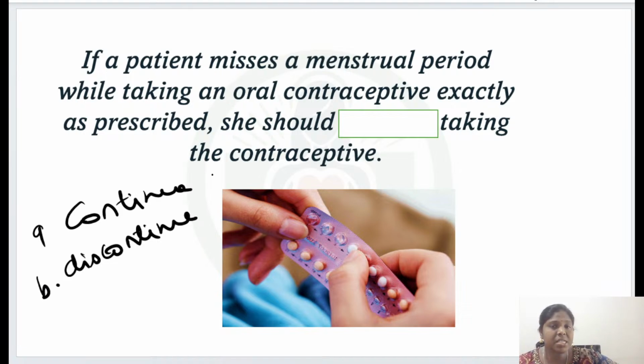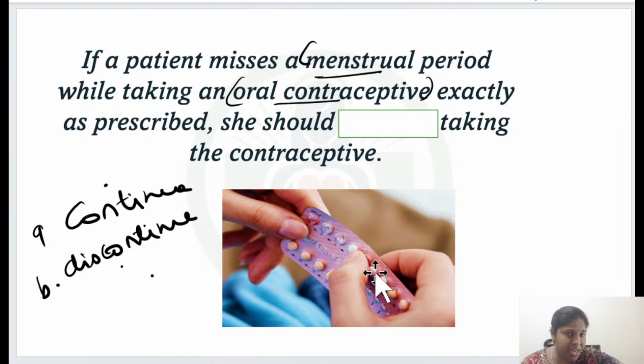When the patient misses a menstrual cycle, though she is using an oral contraceptive, whether she should continue or discontinue. Here the question is whether she should continue, because she has missed her period and already she is on OCP pills.